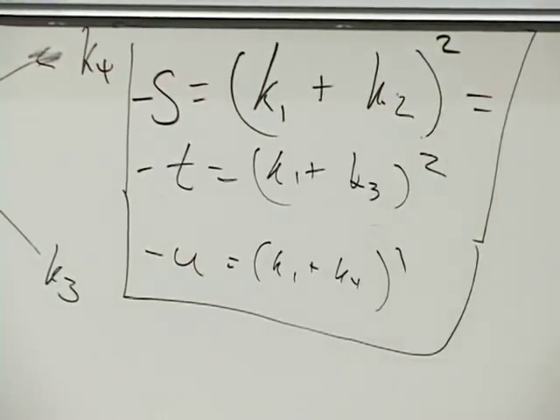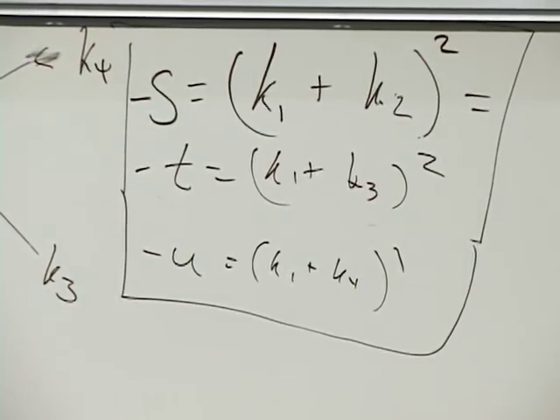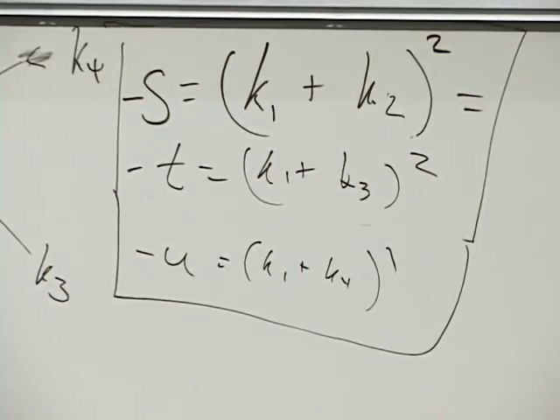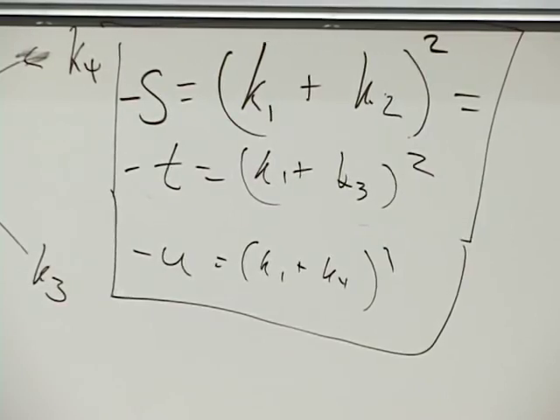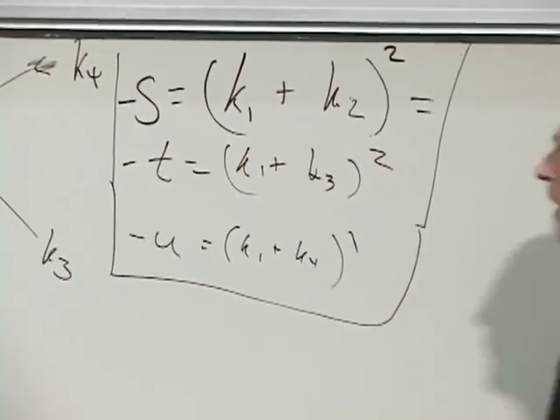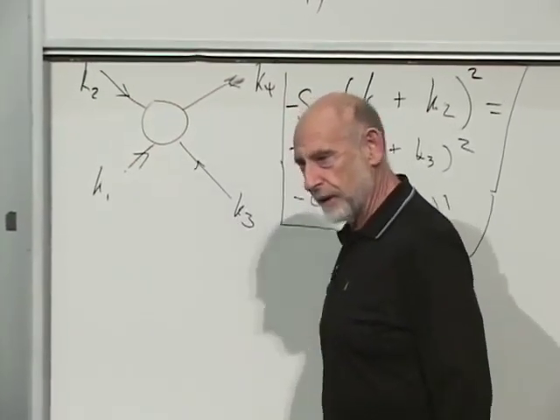Mandelstam is a currently active physicist in Berkeley, but this notation comes from the very early 60s. Mandelstam variables. And notice they have this beautiful symmetric structure. That's what's interesting about them.